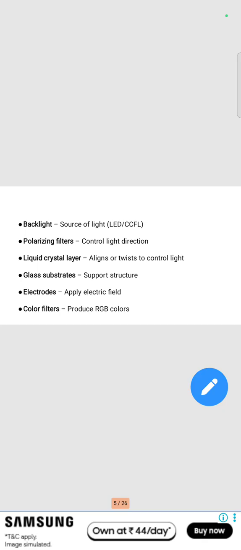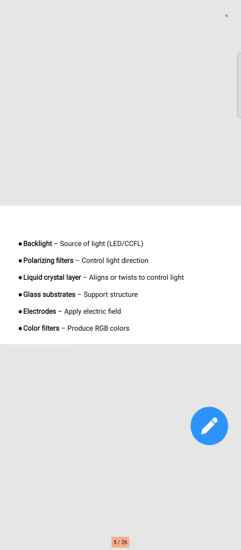These two are perpendicular to each other, that is 90 degrees to each other. Because of this arrangement, the light will be blocked. If they are aligned, the light passes.